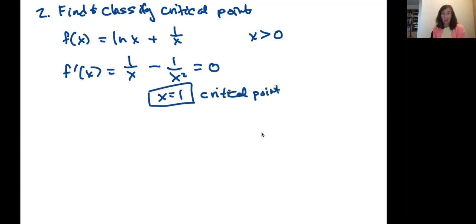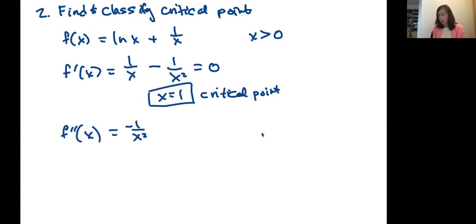And again, I think I'll just go ahead and take the second derivative here. The second derivative is negative 1 over x squared. Now we're subtracting the derivative of 1 over x squared, so that is this negative times the negative 2 here.